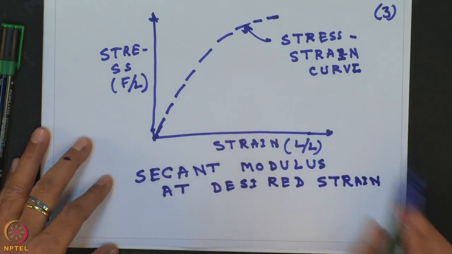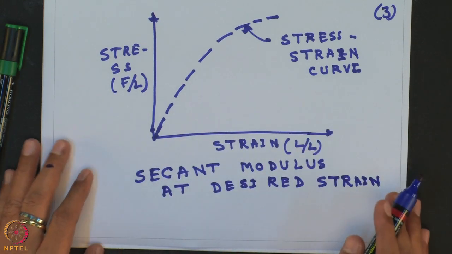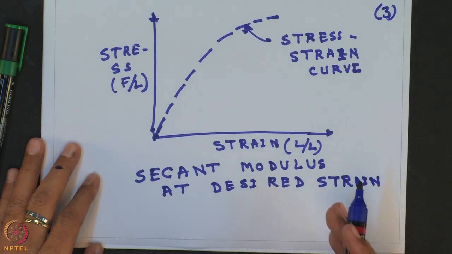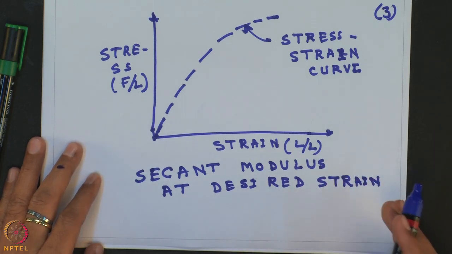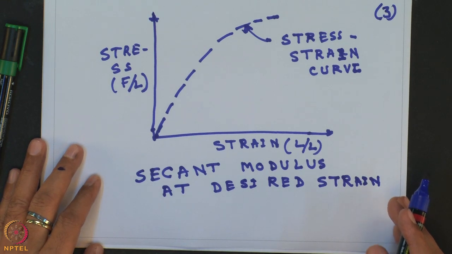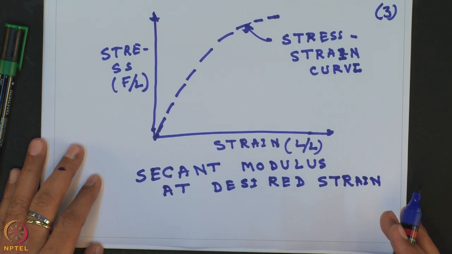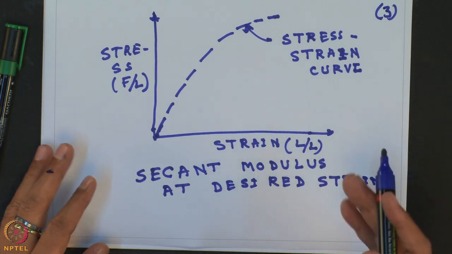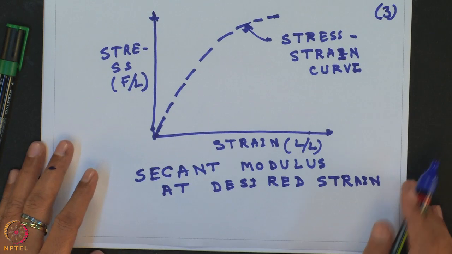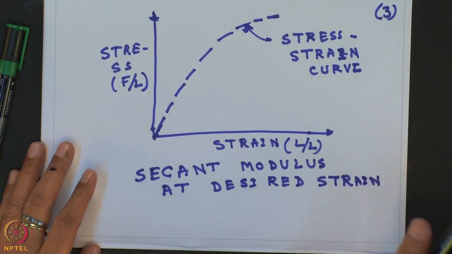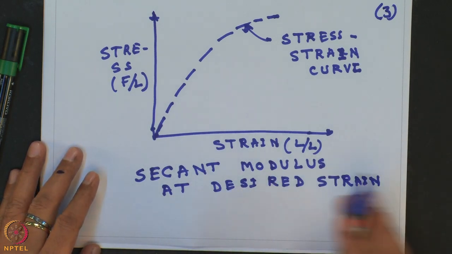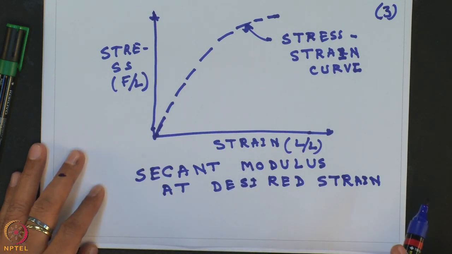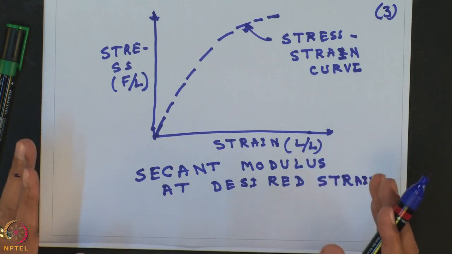And this value is very important for the design of any kind of geosynthetics reinforced soil related structure. For example, if you want to construct a reinforced pavement, then you need to know what would be the second modulus and the corresponding strain value.